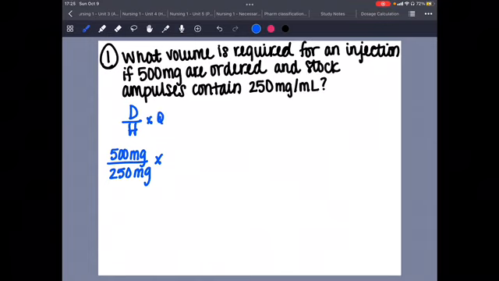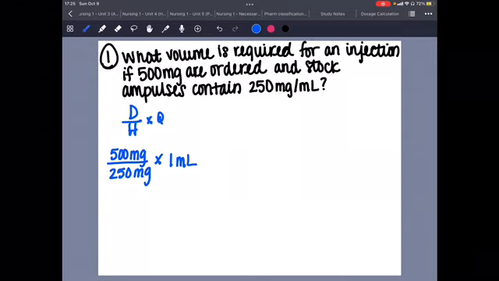And then your quantity, which is that Q that we're solving for, that quantity would be that 1 mL, because it is tacked on to this, because that would be the quantity that you're looking for. So it'll be times 1 mL.